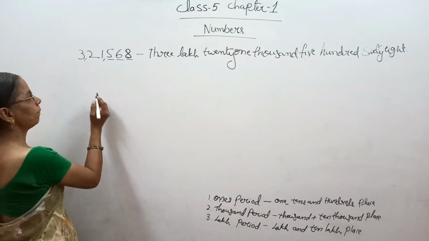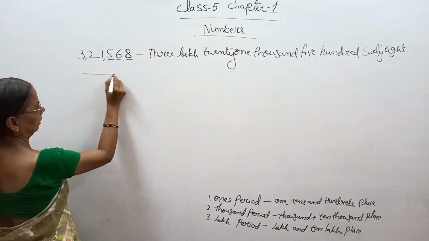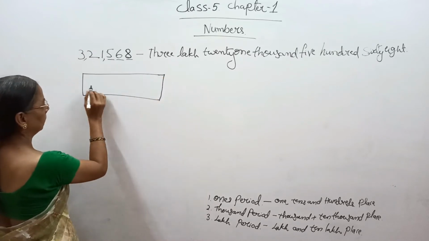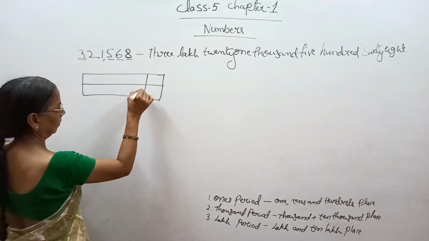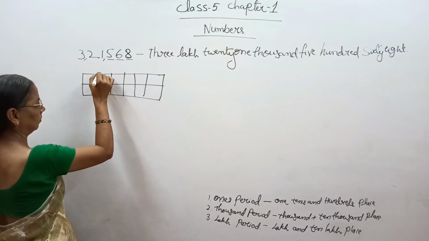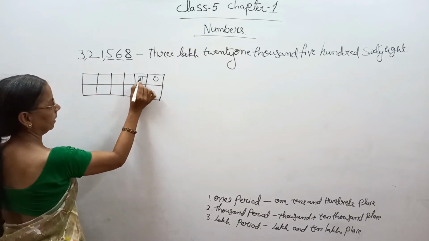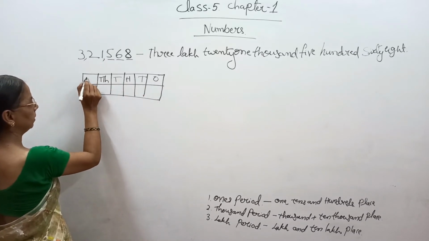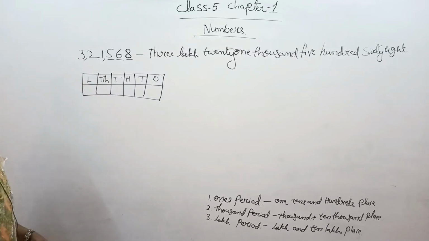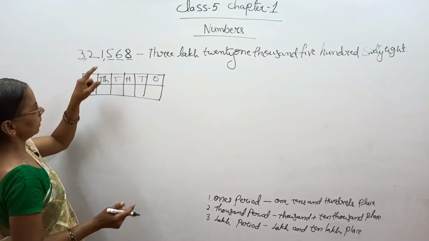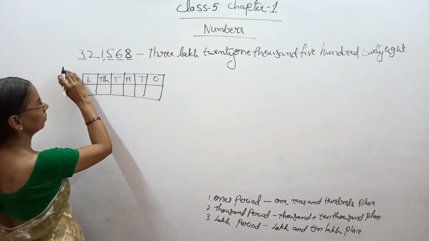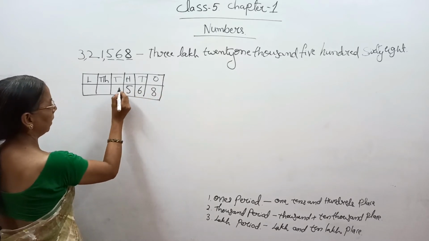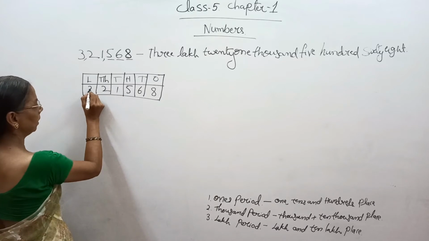Like this, if we put a chart with ones, tens, hundreds, thousands, 10,000, that is lakh, in this we have to put the numbers from right to left: 8, 6, 5, 1, 2 and 3.